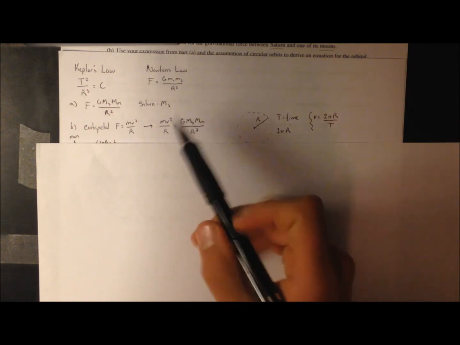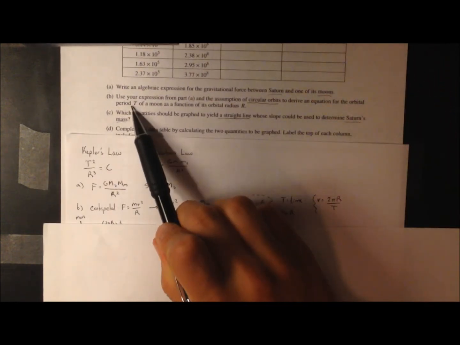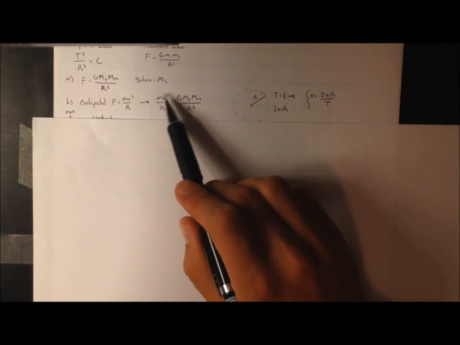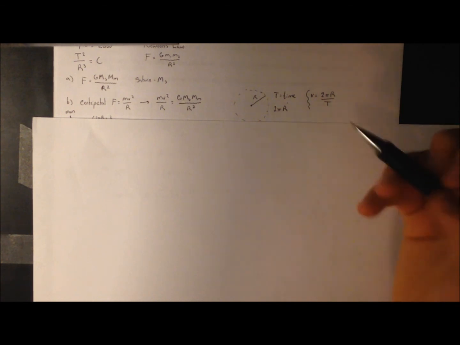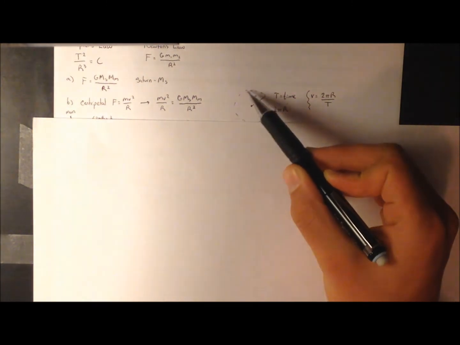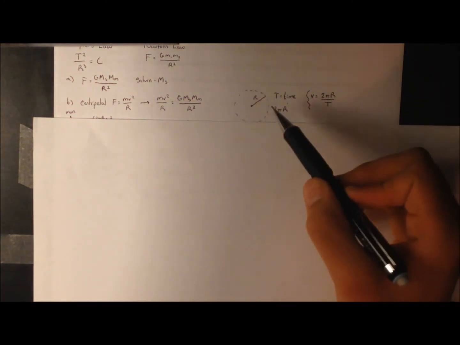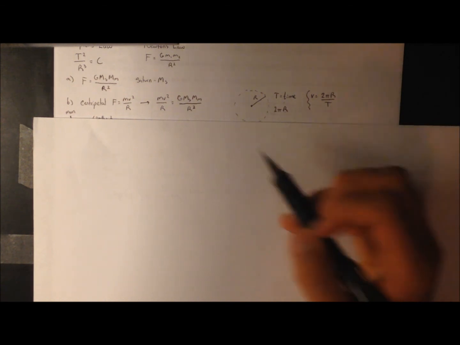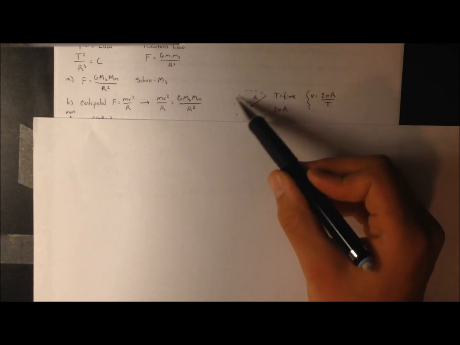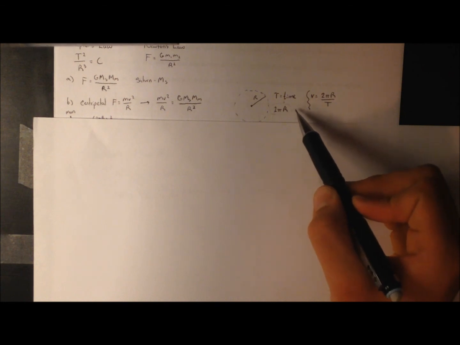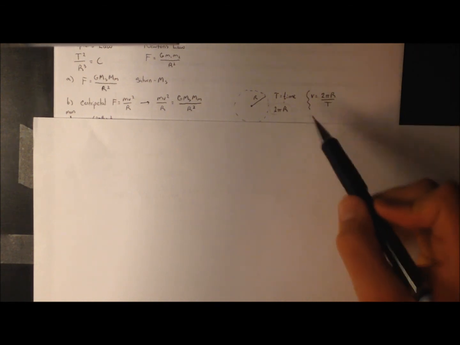It asks for period T as a function of r, and we don't have T in this equation, so we have to relate velocity to the period. If you remember a circle, the period is the time it takes for the object to traverse the whole circumference, and the circumference equals 2 pi r. The distance traveled over the time it takes to travel that distance equals velocity. So velocity is 2 pi r over the period.